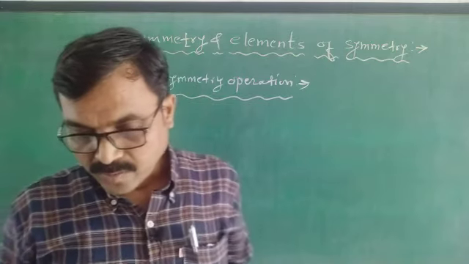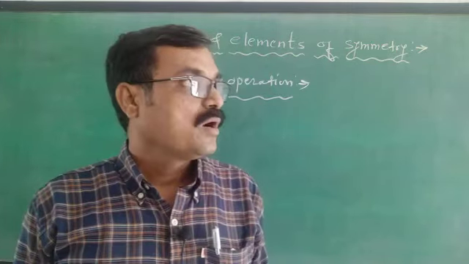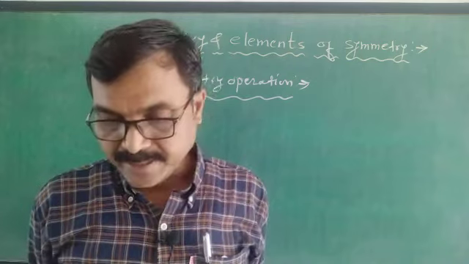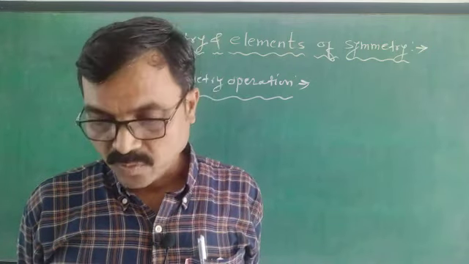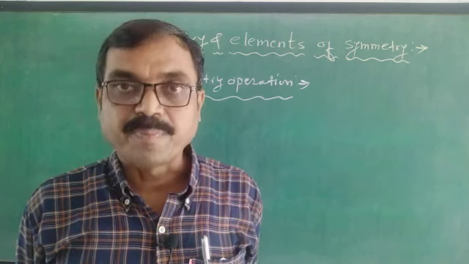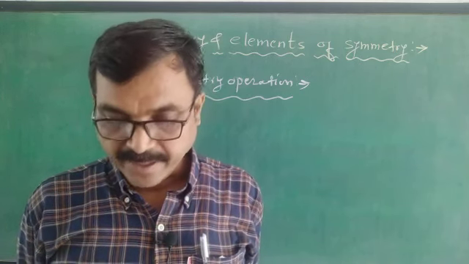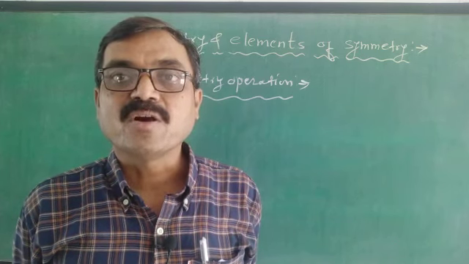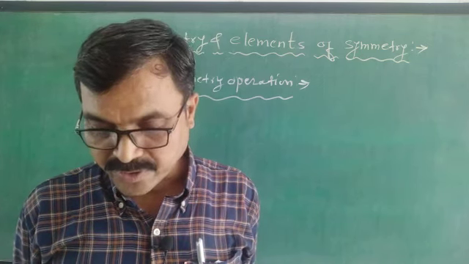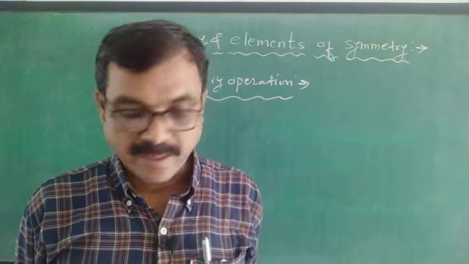Now the given structure of a crystal is said to have symmetry with respect to some process or operation which is carried out on it. Then the structure of the crystal is reproduced. What happens?